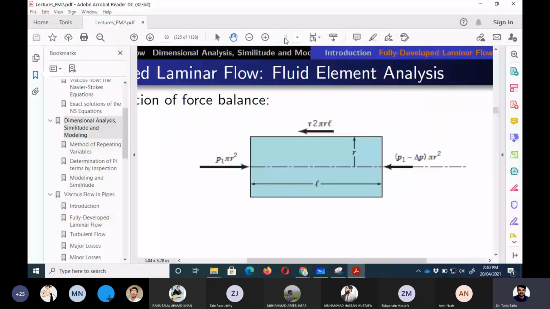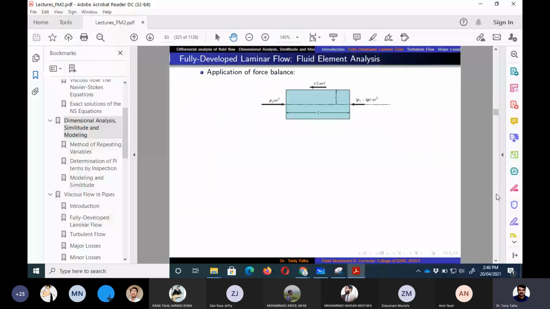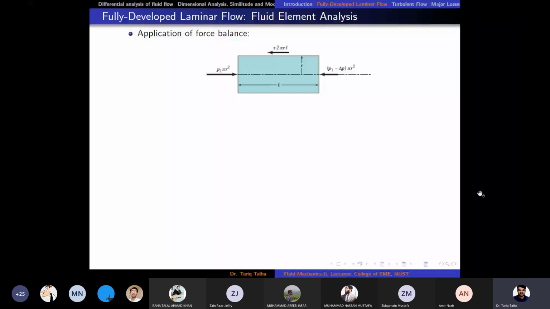Then if we apply the force balance, we can write P1 pi r square, which is in positive x, and then these are the two in the opposite direction. So now we can see that P1 pi r square would cancel out, and we are left with delta P pi r square equal to tau into 2 pi r L. So let's do it here.